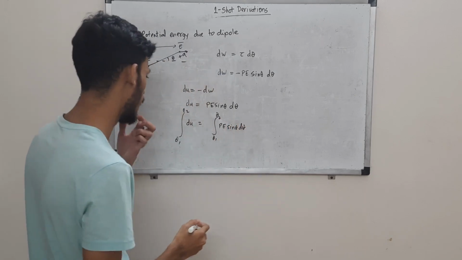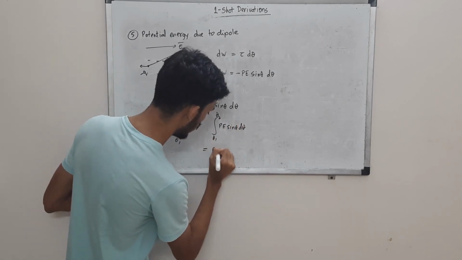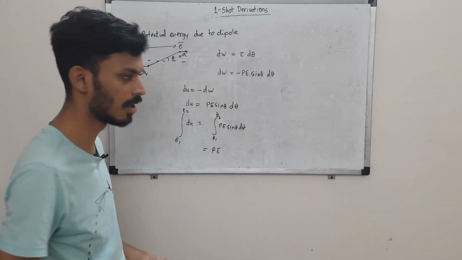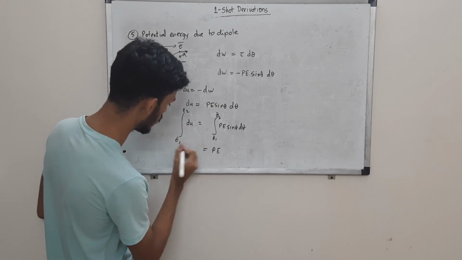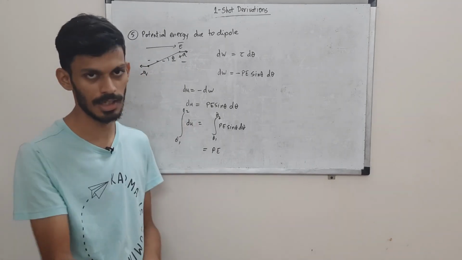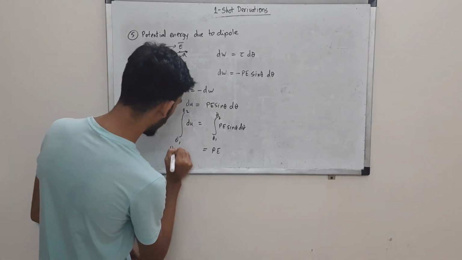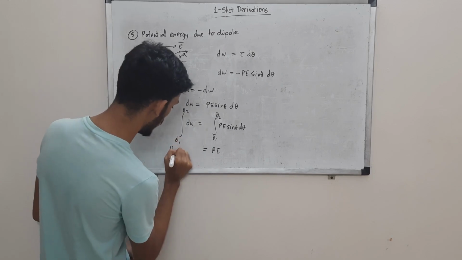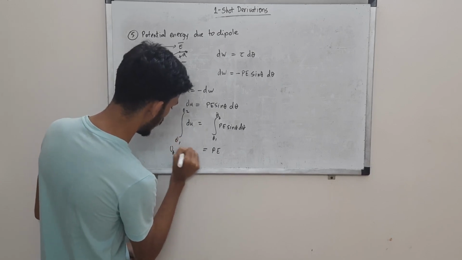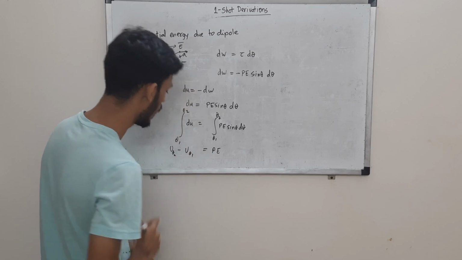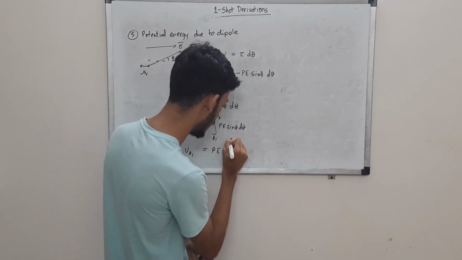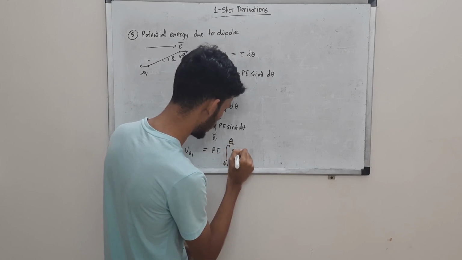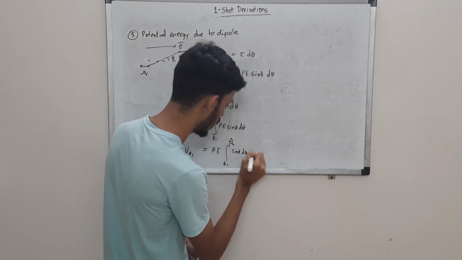Now we know that P is constant, E is the uniform electric field, P is the dipole moment, Q into 2E, which is constant. And du integrates to u, so u at theta 2 minus u at theta 1, and this will be the integration from theta 1 to theta 2 of sin theta d theta.